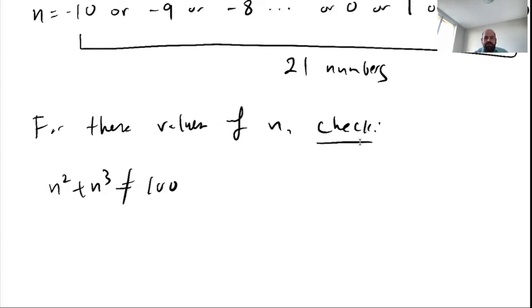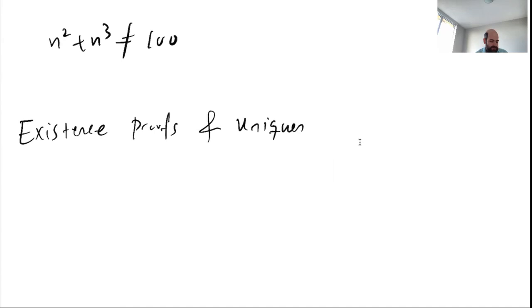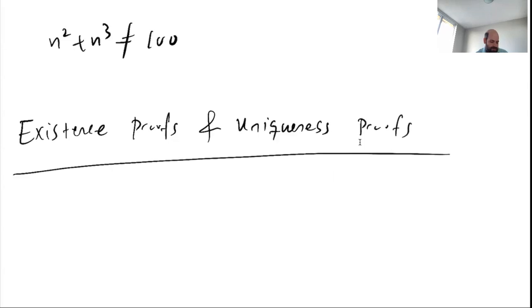Now, the next topic we want to look at is existence proofs and uniqueness proofs. So these are the next topic.